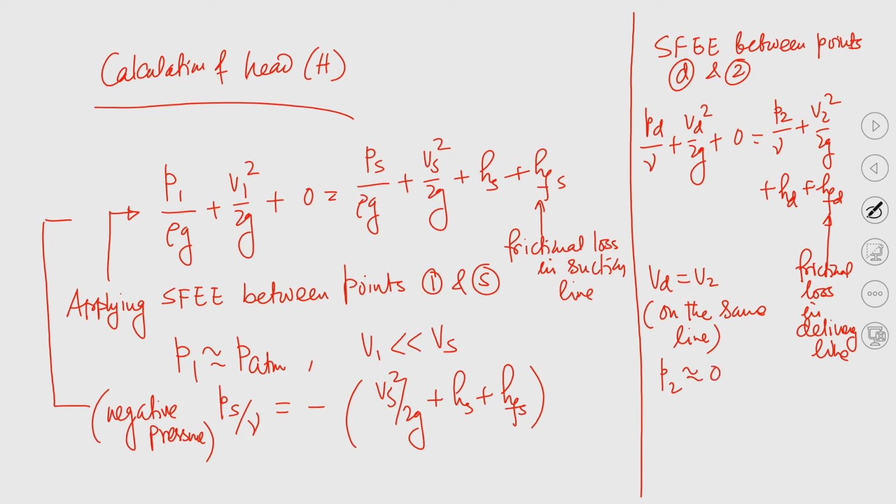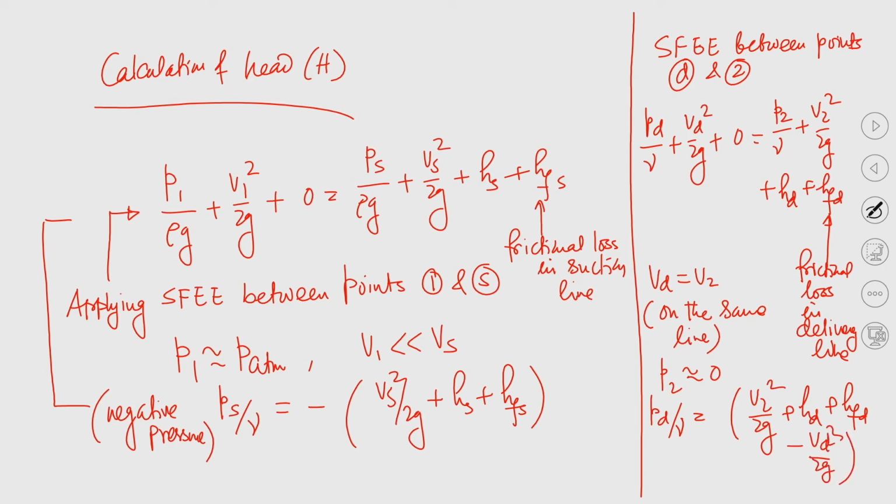So, this is the gauge pressure, and we can write that P d by gamma will be equal to V 2 square by 2 g plus H d plus H f d, minus V d square by 2 g.